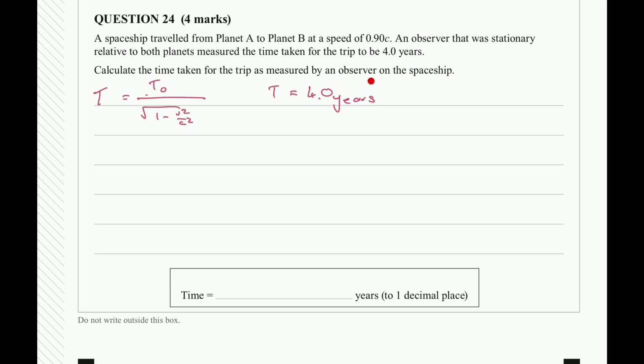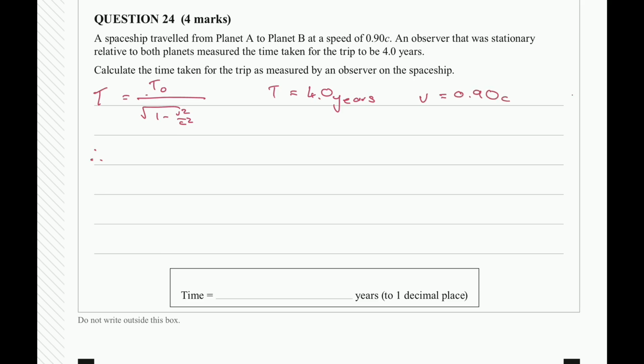So they can use language like this to try and trip you up. In this case, our observer is on the spaceship, the one that is traveling at the 0.90 c. So for this, let's go into our question and substitute the rest of the variables we know. We know the velocity is equal to 0.90 c.